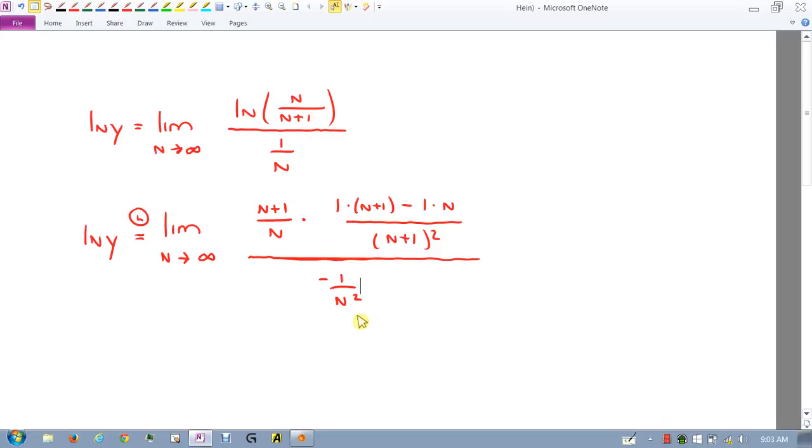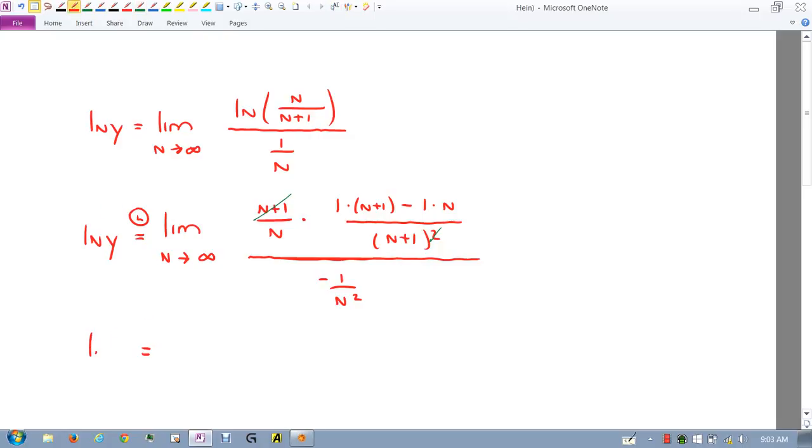All right, now this looks kind of bad, but I think it cleans up a little bit. One of the n plus 1 factors cancels right here. And then what's this numerator turn out to be? Just be careful. Yeah, this is n plus 1 and then minus n. So just 1.